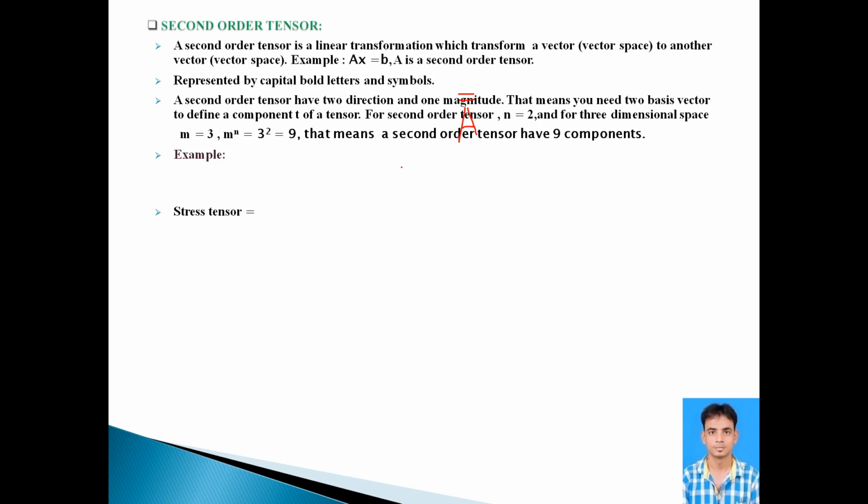An example is the stress tensor. In the subsequent lectures we will discuss the stress tensor in detail, but at this moment you just need to understand that this is the stress tensor, an example of a second order tensor.